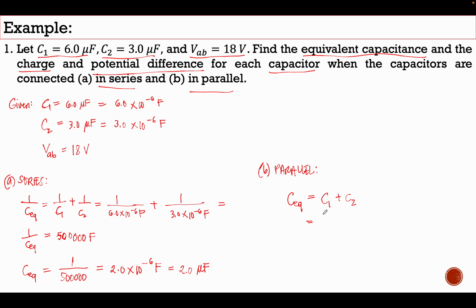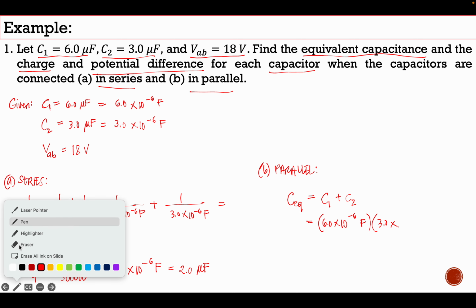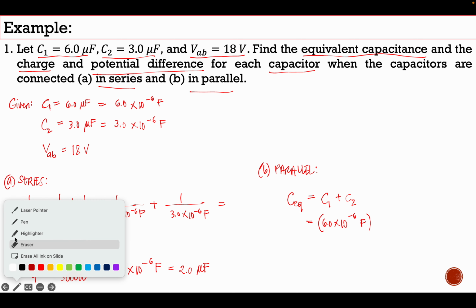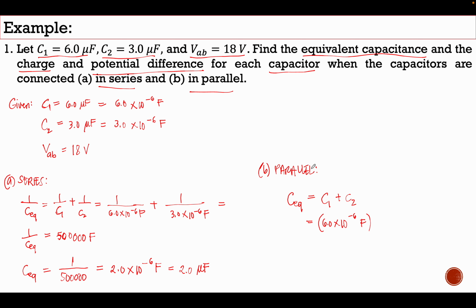So C1 is 6 times 10 to the power of negative 6 farad plus 3 times 10 to the power of negative 6 farad.